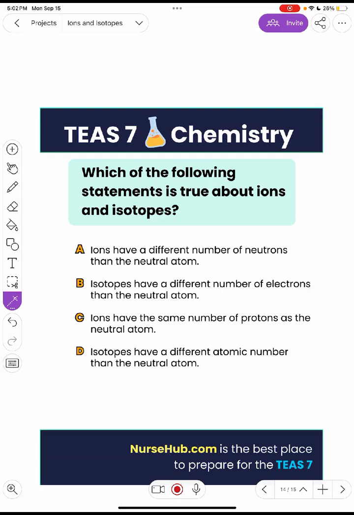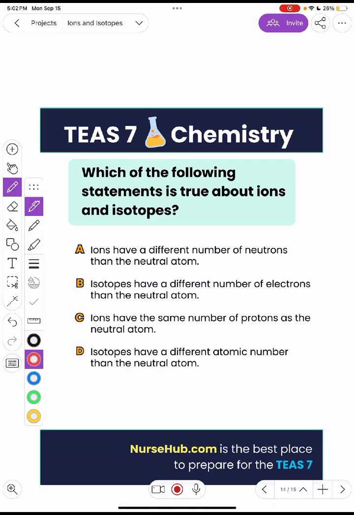So, thinking about different numbers of neutrons in a neutral atom, that's not an ion. That's going to be an isotope. So it can't be A. And having a different number of electrons than a neutral atom, that's not an isotope, that's an ion. So it can't be B. And ions have the same number of protons as a neutral atom.